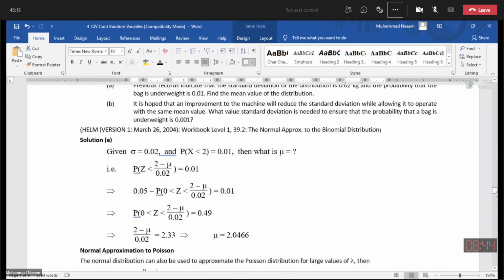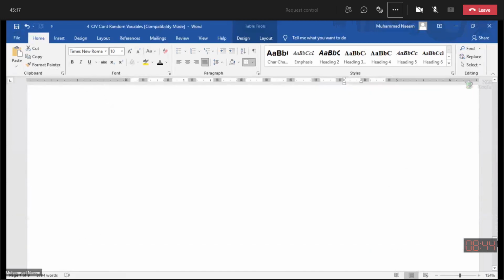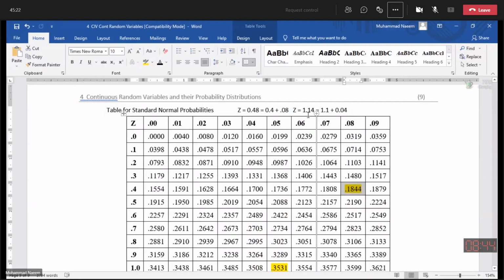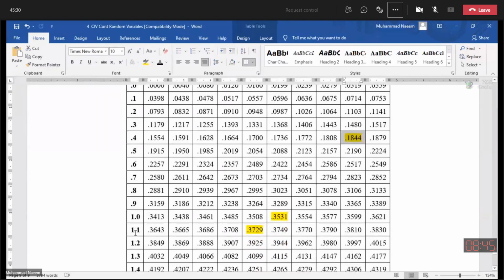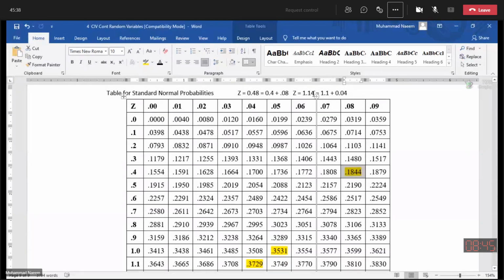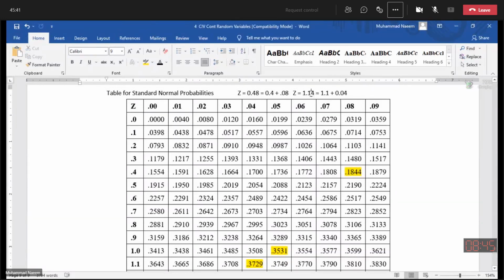Also, check the other points. The other point is 1.14. So up to the first decimal, 1.1 in the first column, and the second decimal is 0.04. In this way, we will split this point, 1.1 plus 0.04.